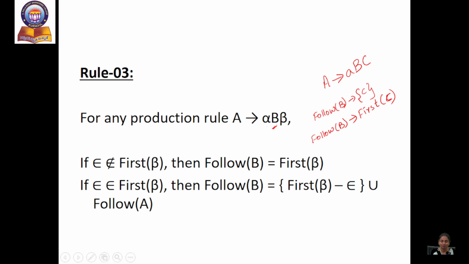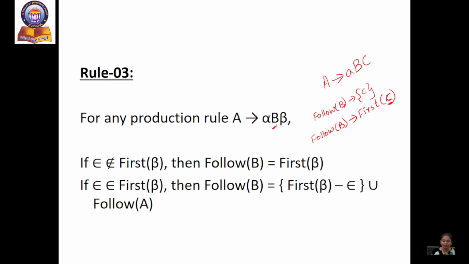First of C, we have already seen how to calculate the first function of a given non-terminal. And we have to check whether epsilon belongs to it or not. If epsilon does not belong to first of beta, that is, if beta does not contain epsilon, then follow of B equals first of beta. In case first of beta contains epsilon, then we follow the same procedure we saw in finding the first function: first of beta minus epsilon, union.